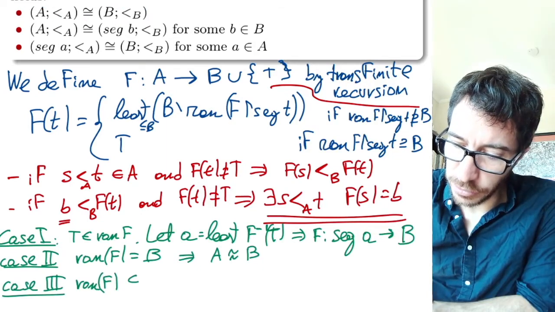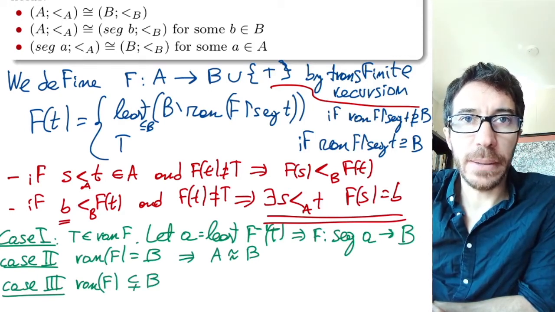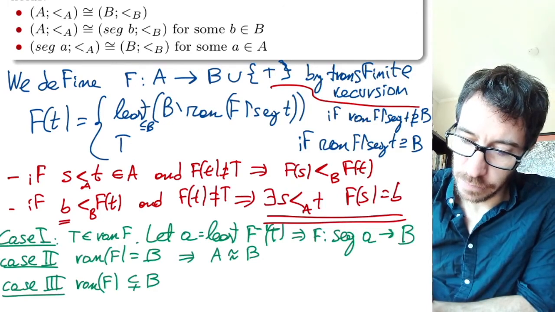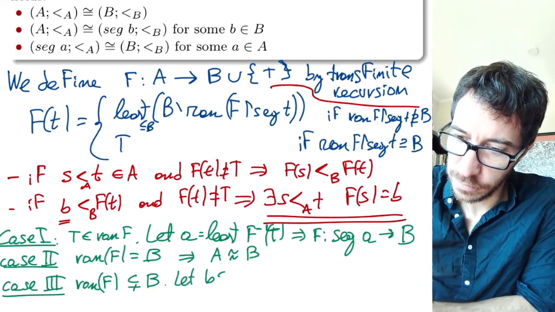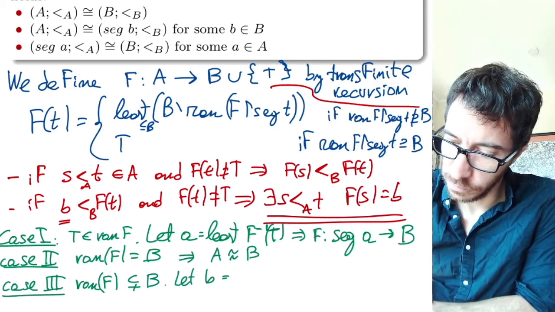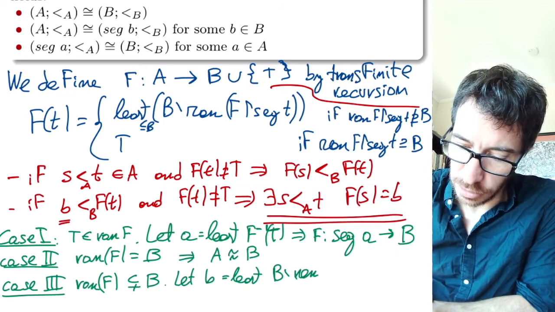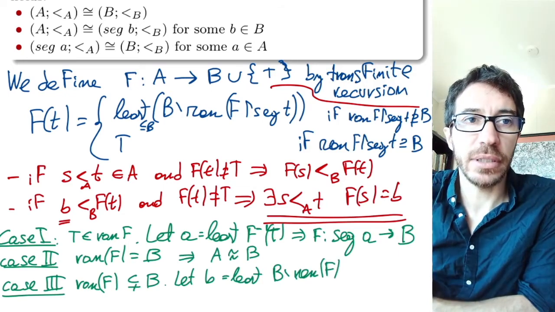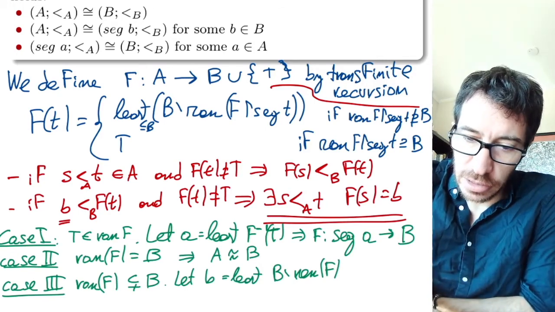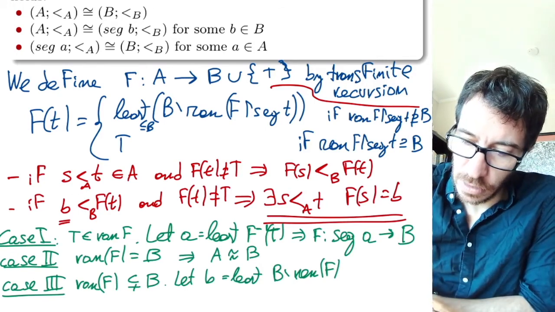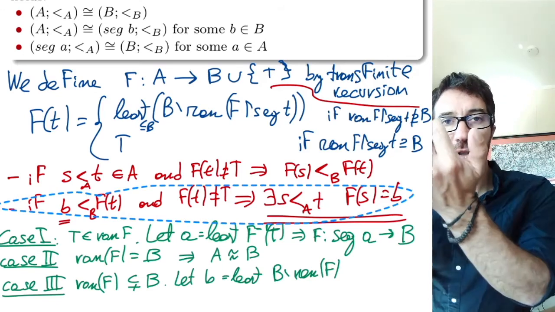Case 3 is that the range of F is a proper subset of B. Let B be the least element of B minus the range of F, which we are assuming is not empty. But we know from our second condition right here that the range of the function F is closed downwards, right?